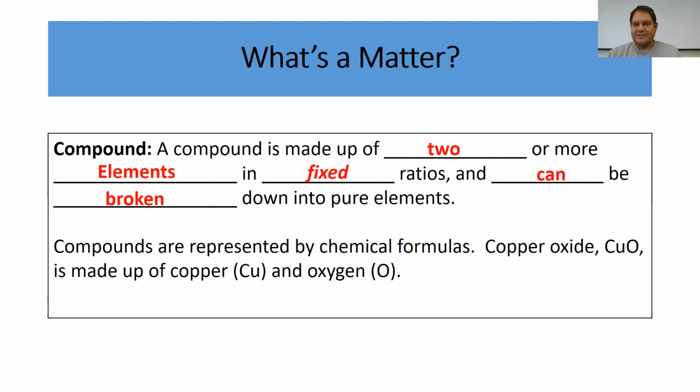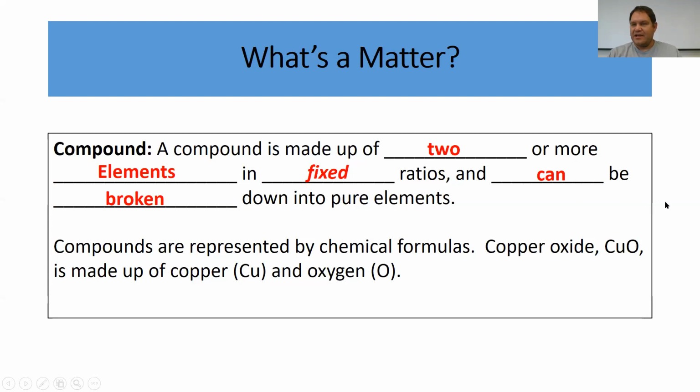All right. So when we string elements together to create more complex structures, we can create what are known as compounds. Now, by definition, a compound is made up of two or more elements in a fixed ratio. That's an important part of the definition. In a fixed ratio, and can be broken down into pure elements.